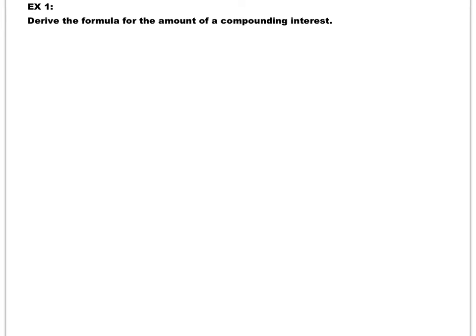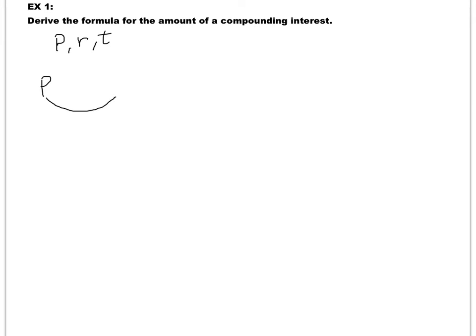In the first example, we have to derive the formula for the amount of a compounding interest. Let's assume that you invest P dollars. Your principal is P. The compounding interest is R. And the amount of time that you are going to invest your money is T years. So initially you have P dollars.